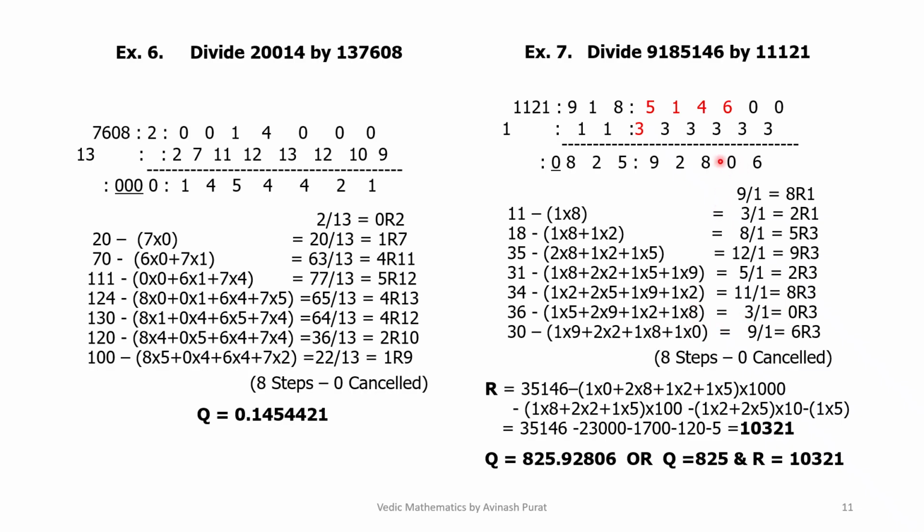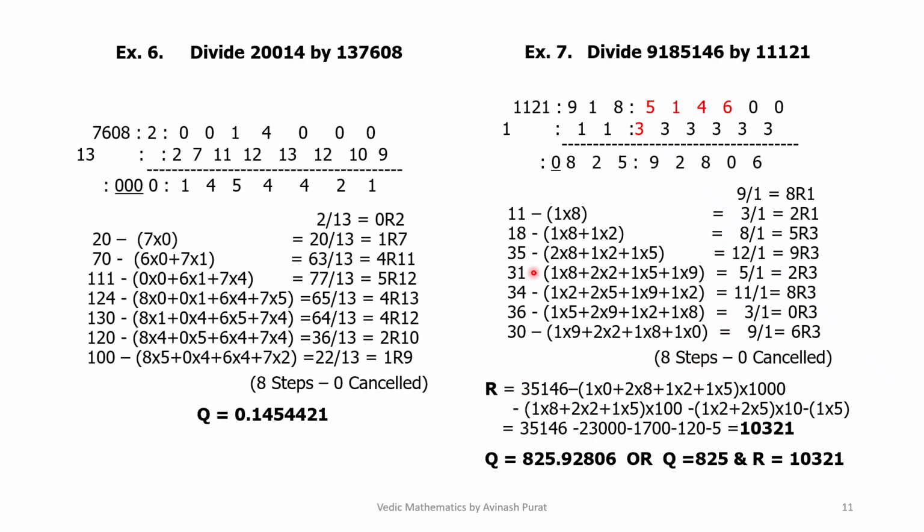So we get 0 quotient and 3 remainder. So the next dividend is 30. 30 minus 1 into 9 plus 2 into 2 plus 1 into 8 plus 1 into 0, that is equal to 9 divided by 1. So we get 6 as quotient and 3 as remainder. Now this involves 8 steps and 0 of them are cancelled.